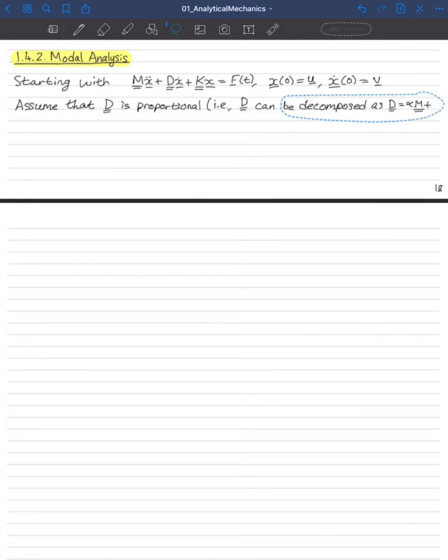Let me try and move this a little bit over. Sometimes easier to just erase than move. Plus beta K. So basically D is just proportional to the mass and stiffness matrix as shown here.